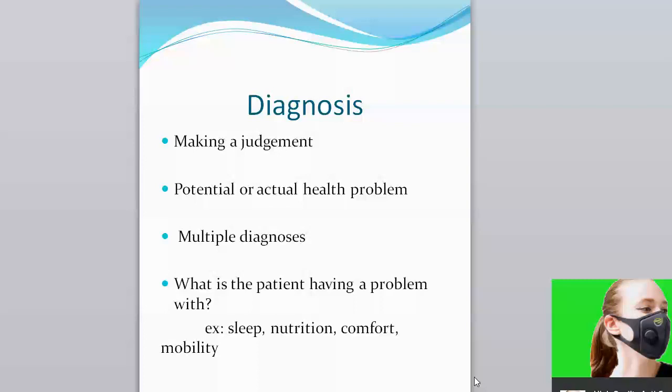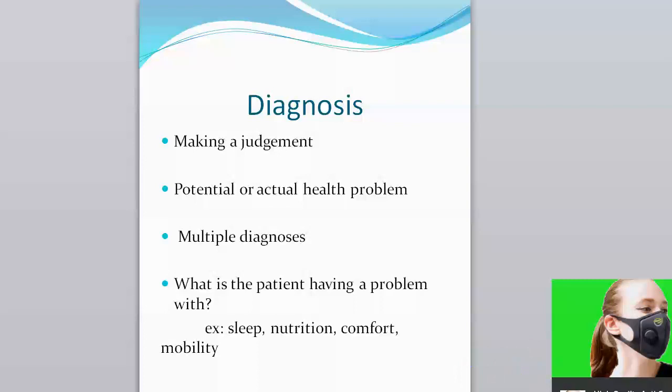And some of our patients, because of their high acuity, may have multiple diagnoses. What is the patient having a problem with? For example, is it sleep? Is it nutrition? Is it comfort, meaning they're experiencing acute or chronic pain? Mobility, risk for falls, safety. All those things would be considered as to how to develop this nursing diagnosis.